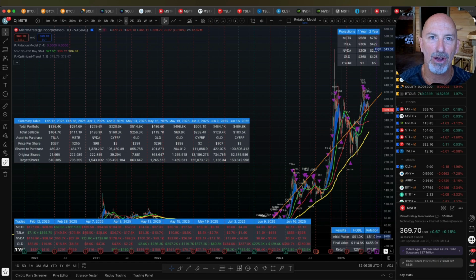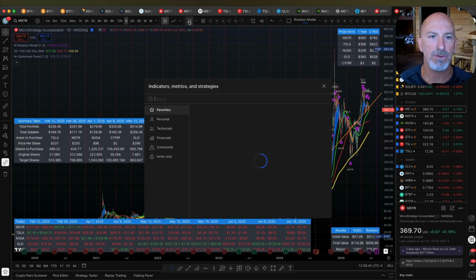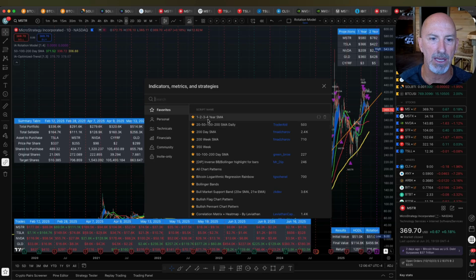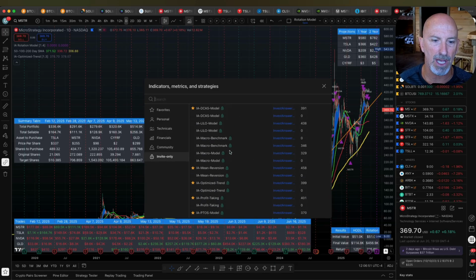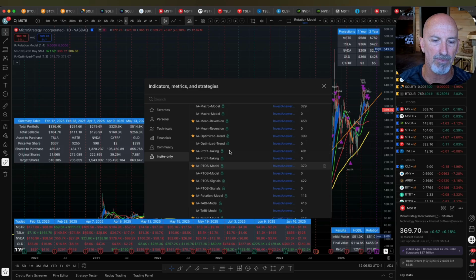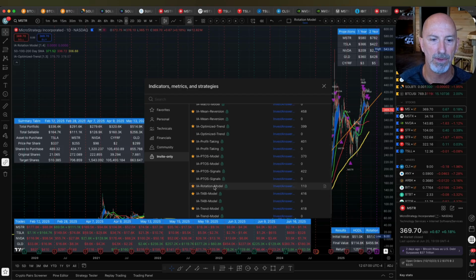All right, here we are over in the charts. I have TradingView pulled up, and you'll notice that I have MicroStrategy as my primary asset. So first things first, you would need to go to where the indicators are. You would go down into the invite only. You would scroll down until you found the rotation model right here. Notice I put a star by it. You would click it.